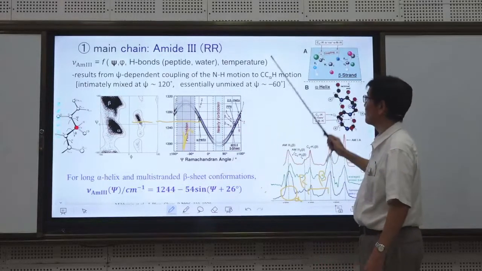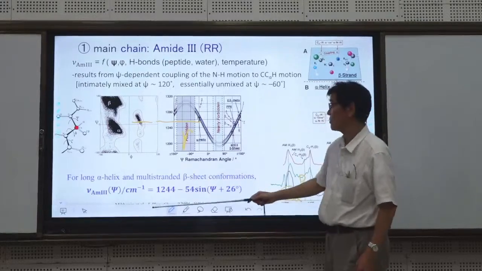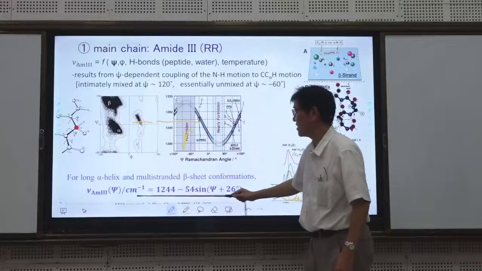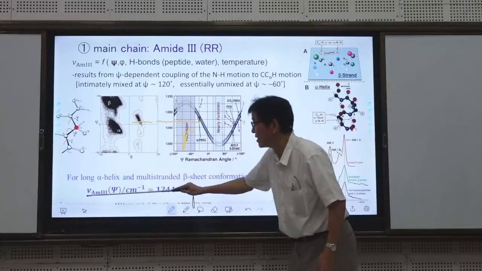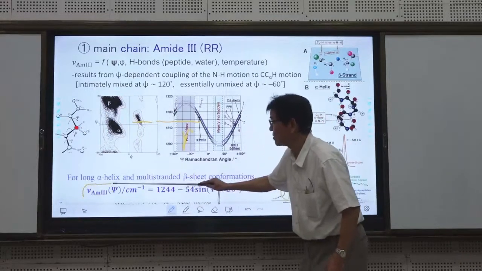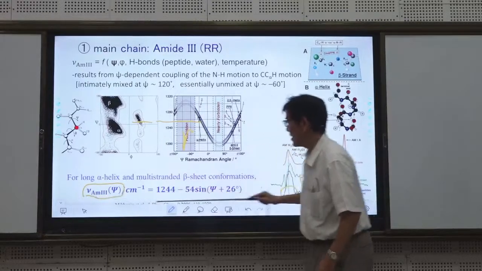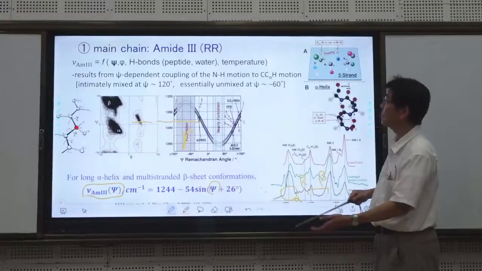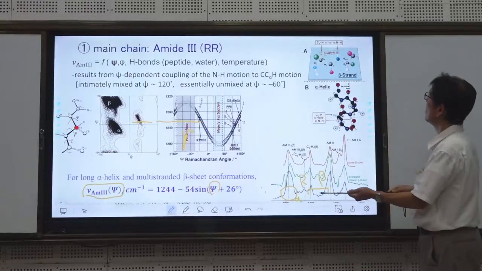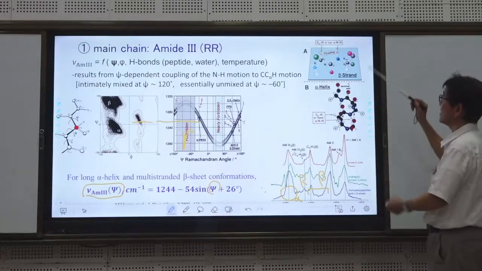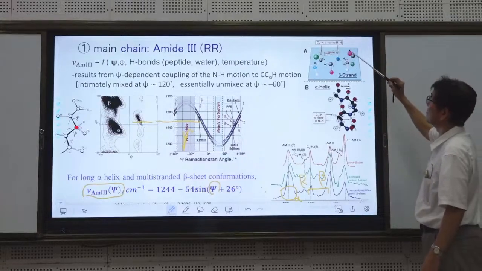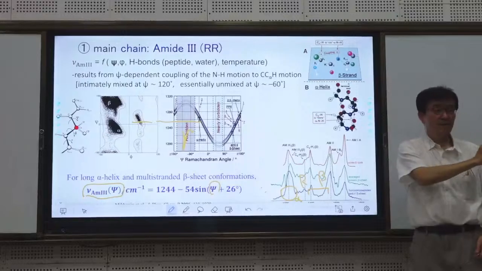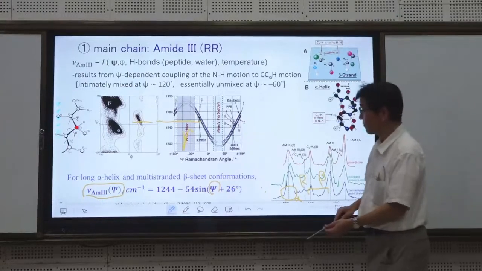By detailed analysis, they derived some quantitative relationship between the amide 3 peak position and the dihedral angle psi. Psi is the dihedral angle at the C-terminal side.